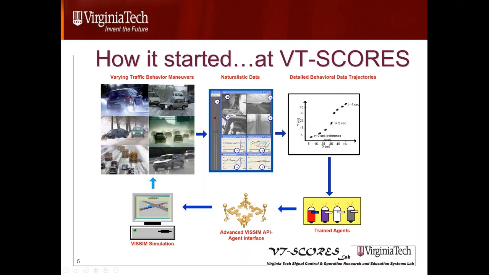If you look at the figure in front of you, you see varying traffic behavior maneuvers, vehicles driving in extreme weather conditions where they are slipping, and some crazy driving behaviors that you might see sometimes.